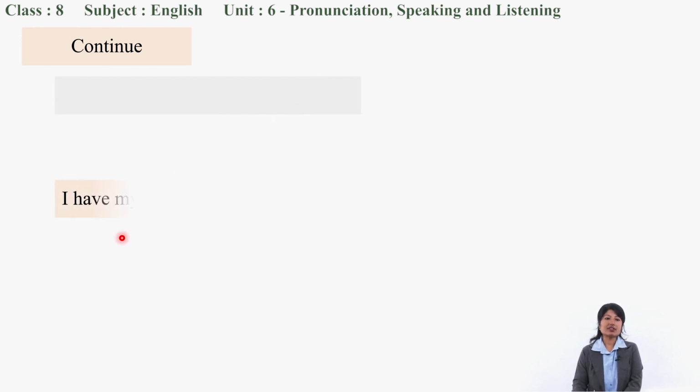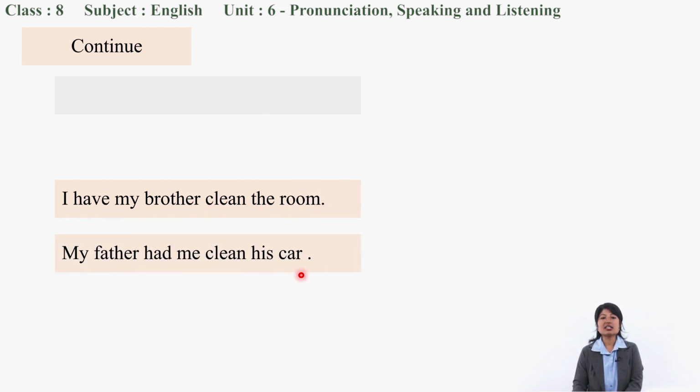Similarly, we have another. I have my brother clean the room. My father had me clean his car. So here what word? Have, had. Though the sentences are similar, the meaning is twisted. Why? Because we have different causatives, right?